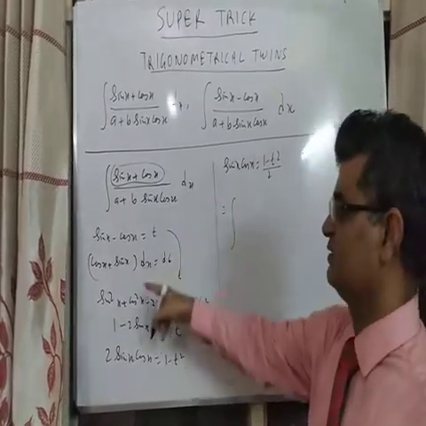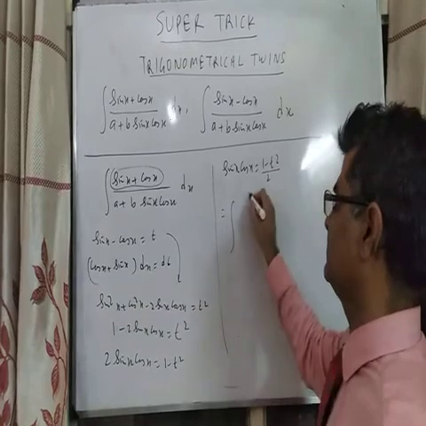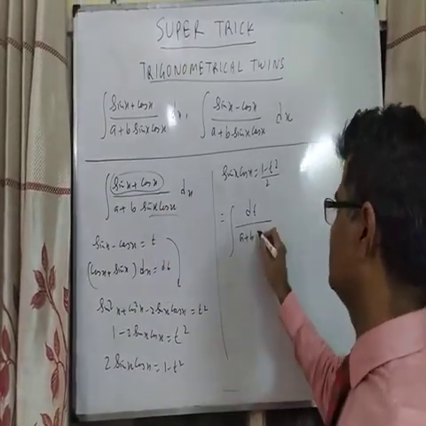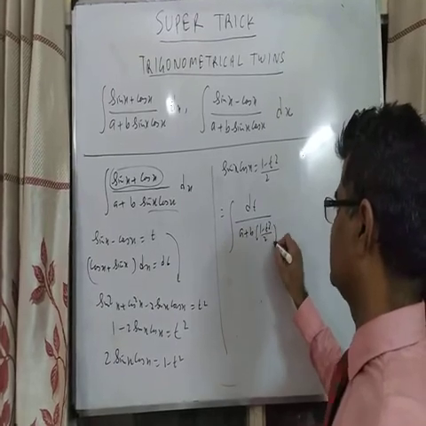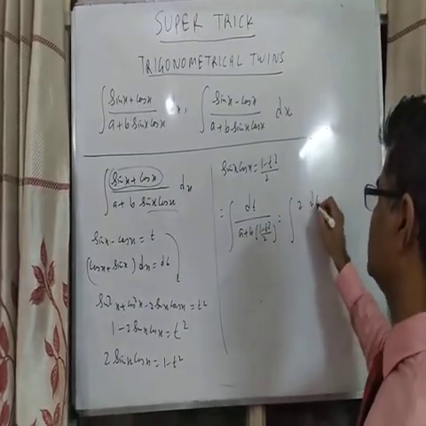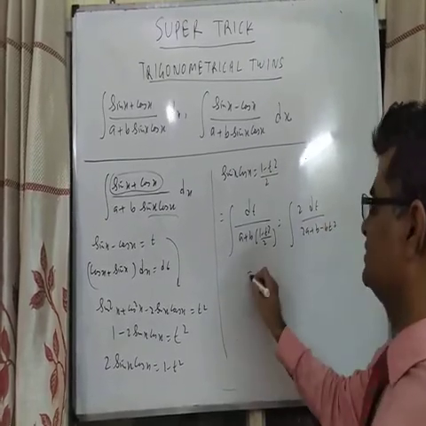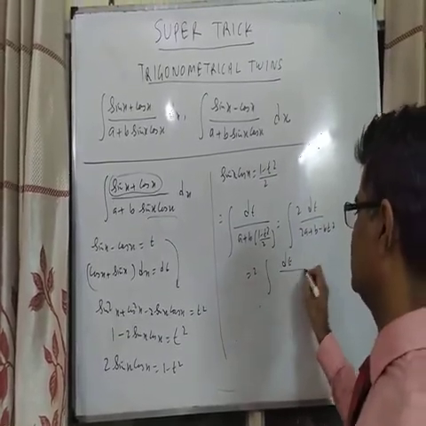Now put it in this. So sin x plus cos x dx can be written as dt. Here a plus b sin x cos x is replaced by a plus b times 1 minus t square by 2. So you can see that twice of dt upon 2a plus b minus bt square. So it's very easy to solve this question.